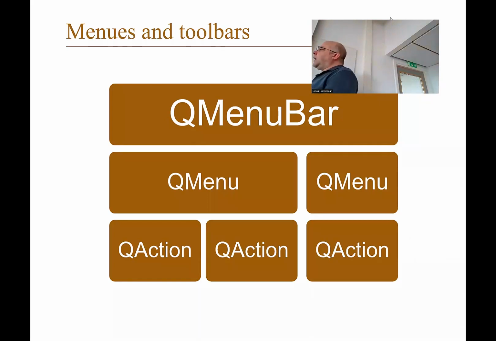And then for the actual menu item, you add something called a QAction. And the reason we have the QAction is because we also have toolbars, and we don't want to duplicate code. So toolbars and menus share the same actions. So you connect the same actions to the menu and also to the toolbar.